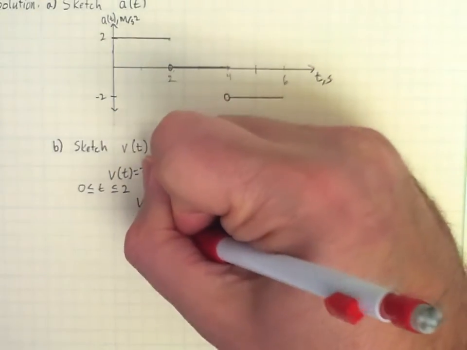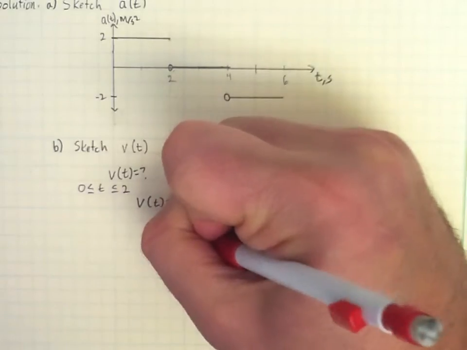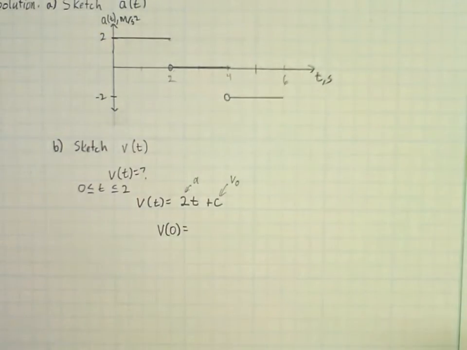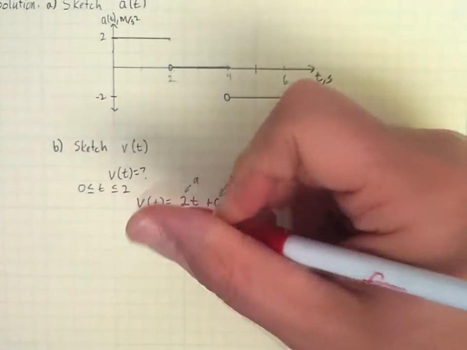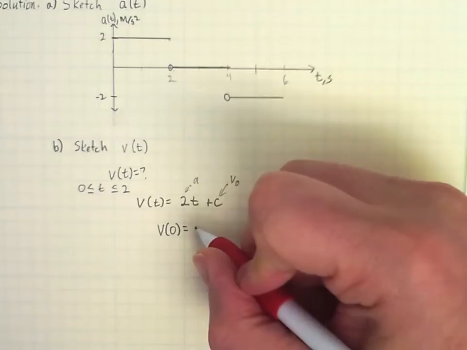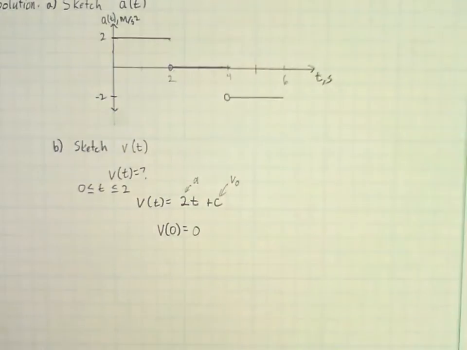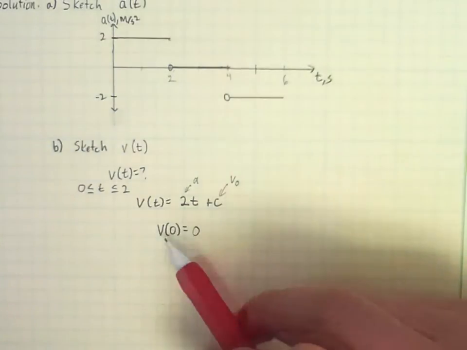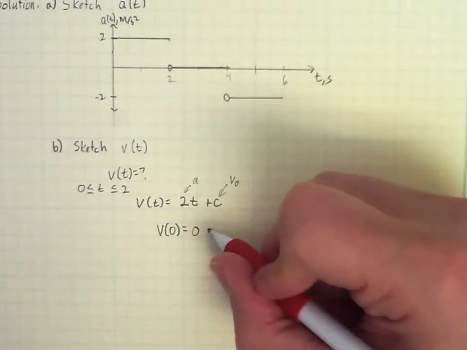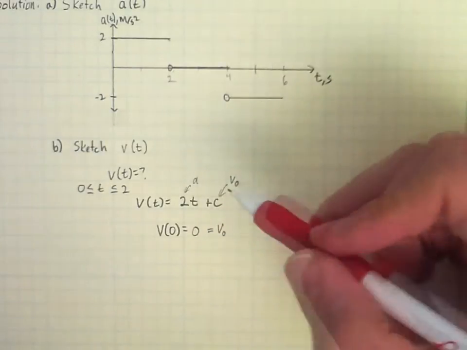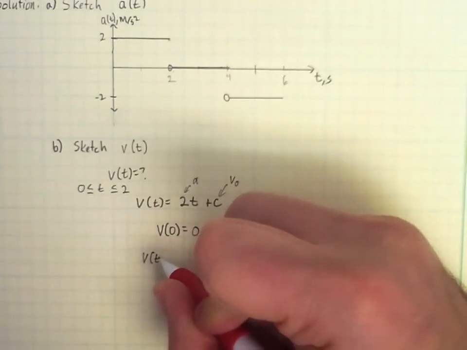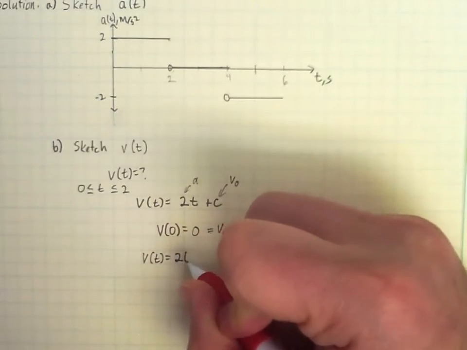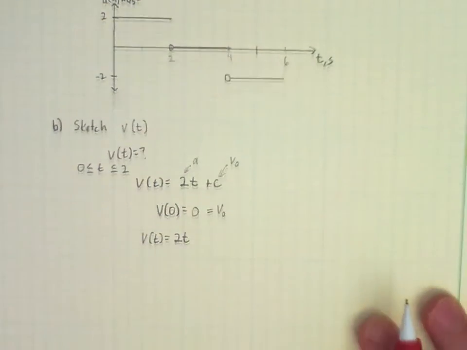Well, v of 0, we assume it starts out at 0. It begins moving at time 0, so it initially starts out at 0. So if v of 0 is 0, that's the same as v0. So for this part, v of t is just 2t. Okay?